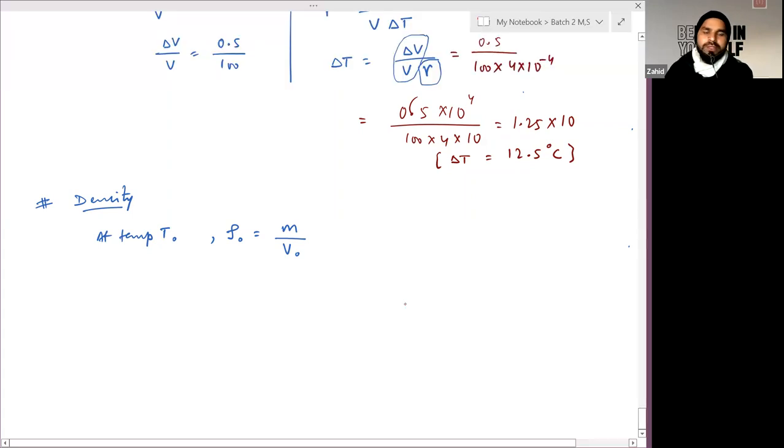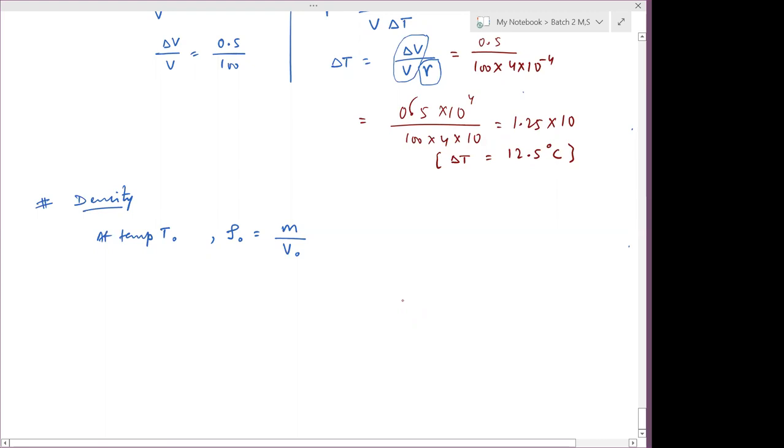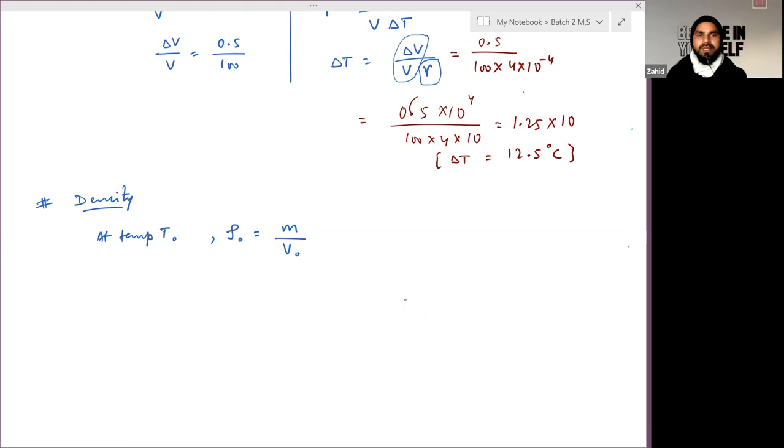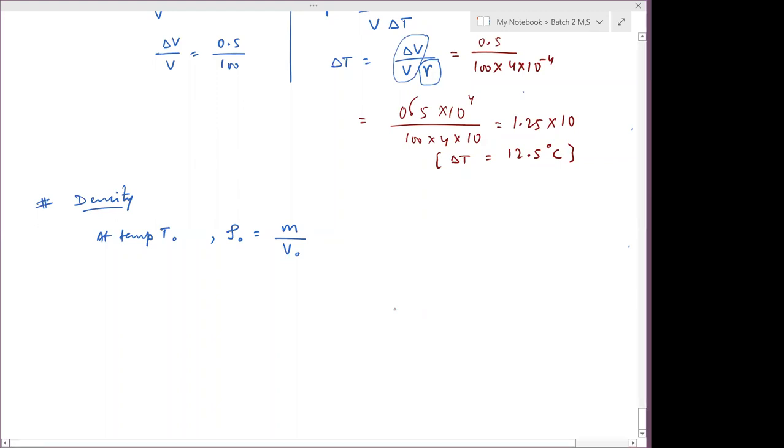Aisha, will there be any change in mass of a body on changing temperature, or it will remain same? Samara, will there be any change in mass on changing temperature? No. Good.